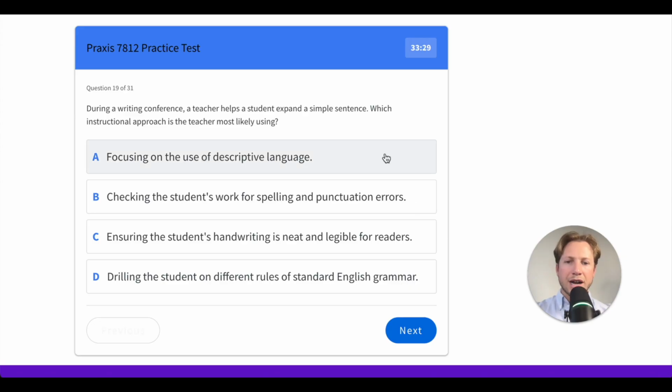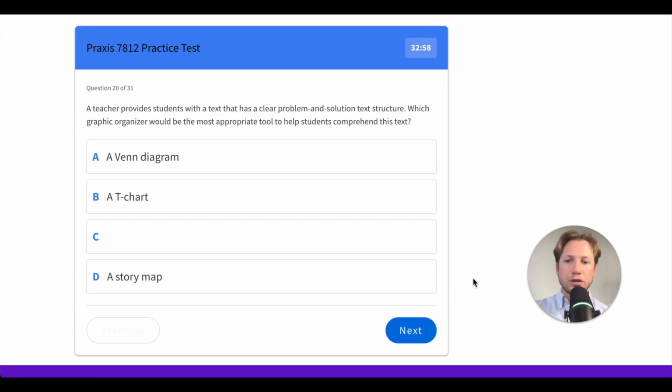I like answer option A, focusing on the use of descriptive language. Remember, expanding a simple sentence is typically achieved by adding adjectives, adverbs, phrases, and these all make the writing more descriptive, more interesting. And for a writing conference where the student has a simple sentence, I think that's what a teacher would want to use. Moving on to question number 20.